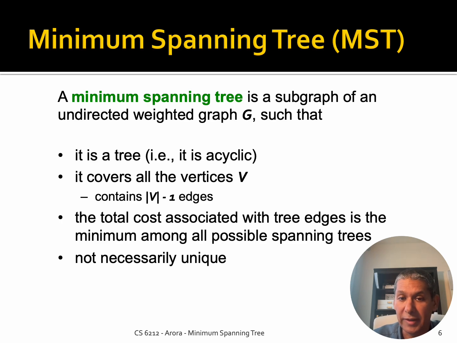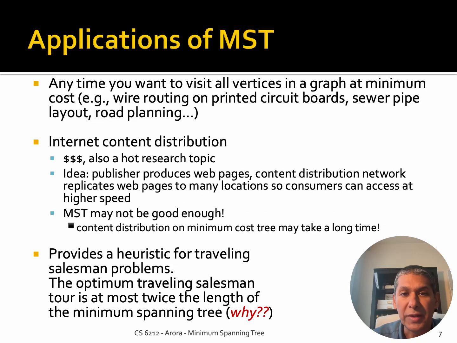So therefore, it contains V minus 1 edges, and the total cost associated with tree edges is minimum. In this case, we assume that the graph is weighted, so we prefer the lower cost edges. We do not claim that such a minimum spanning tree is unique, but we do say we want to find a minimum spanning tree.